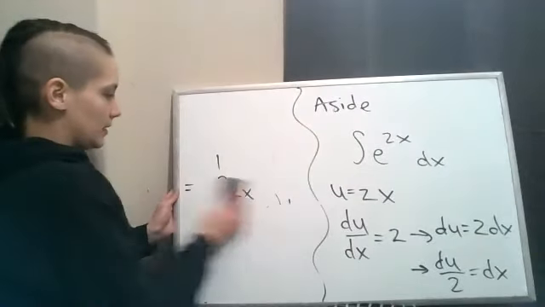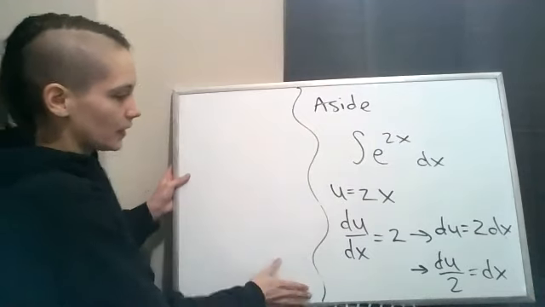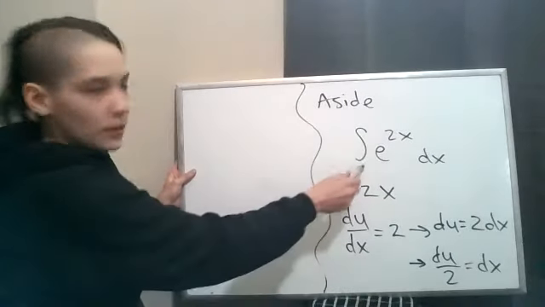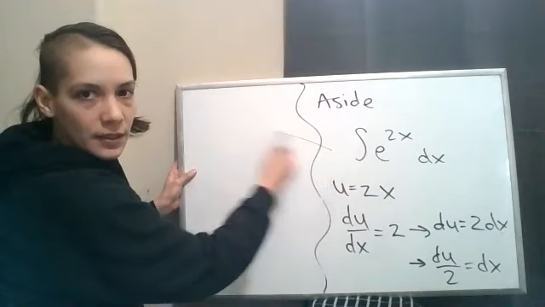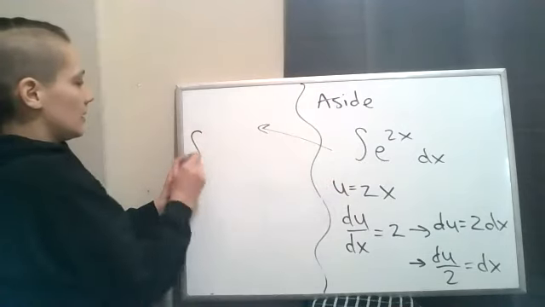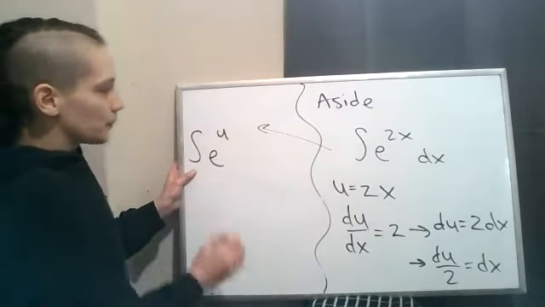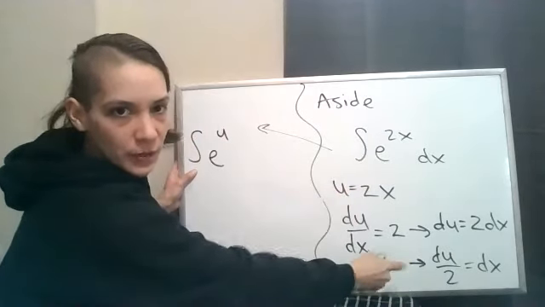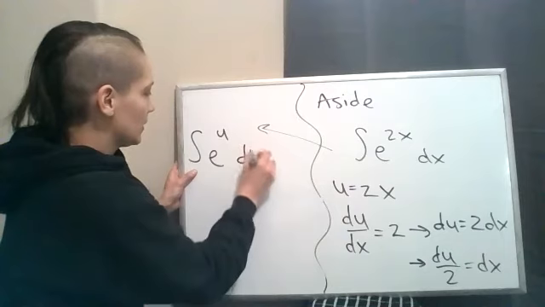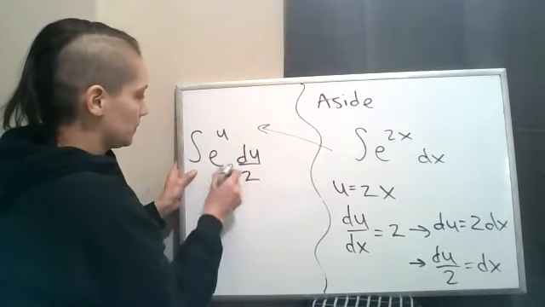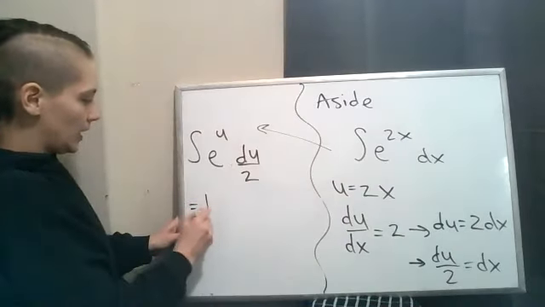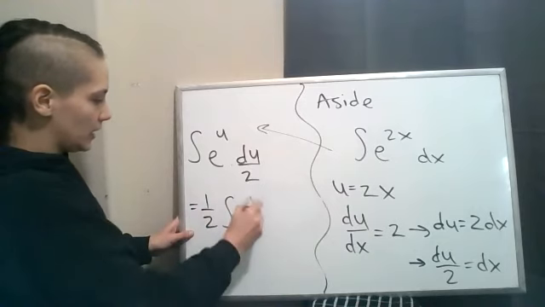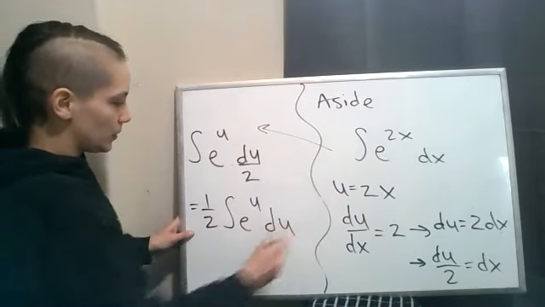Just come over here. Okay. So we've got the integral of e to the u, and dx is equal to du over 2. Or 1/2 integral e to the u du.